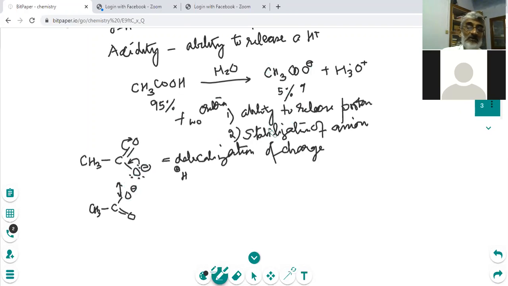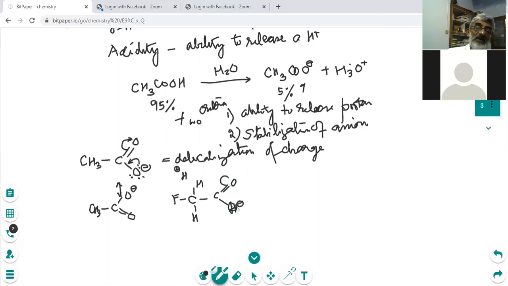Now, suppose I put a fluorine atom here on this one. See here, I put one fluorine. H, C double bond, OH. Now, what is the result? O minus. Now, this is already flowing in this direction.